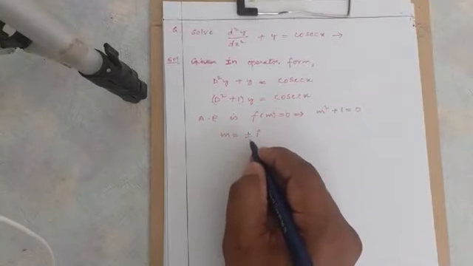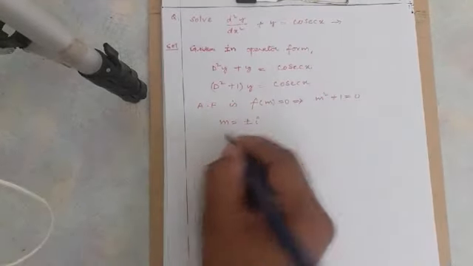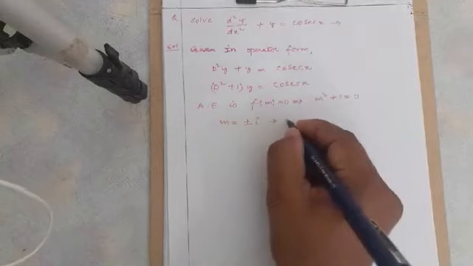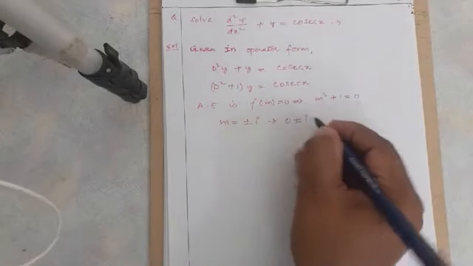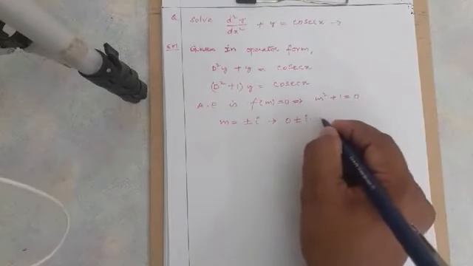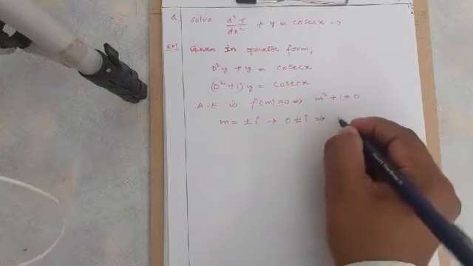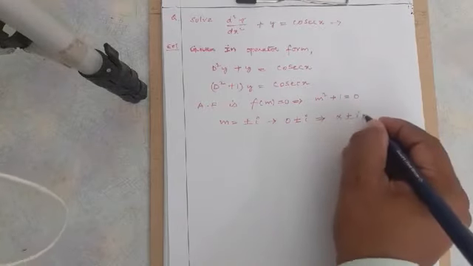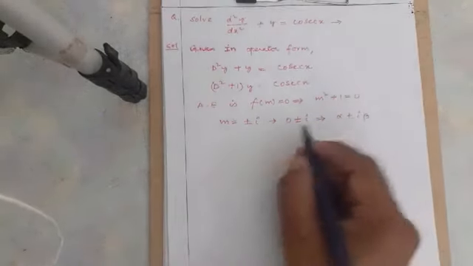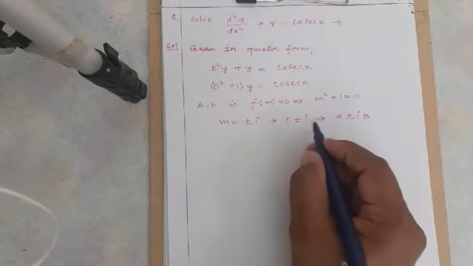Now you can see this is in the form 0 plus or minus i, which is nothing but alpha plus or minus i beta. So alpha is 0, and beta is 1.